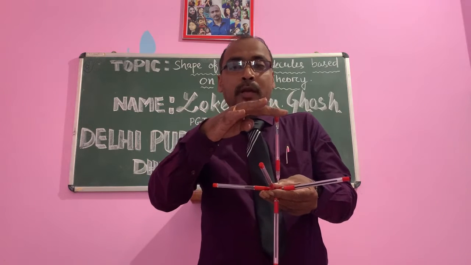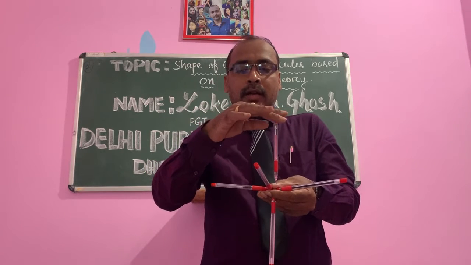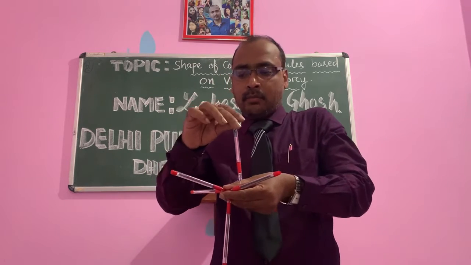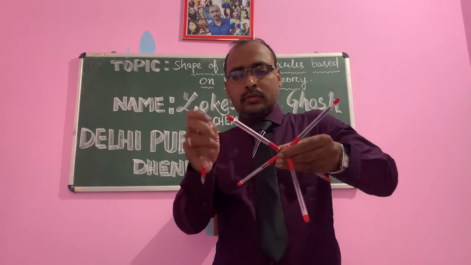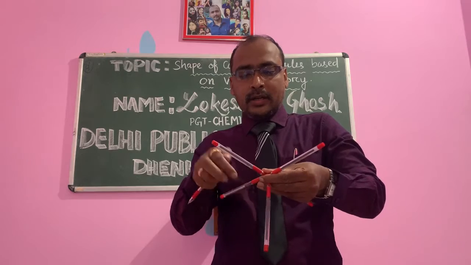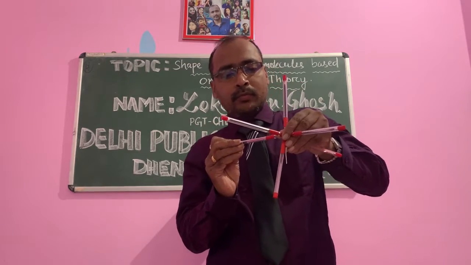This is known as square bipyramidal or octahedral. The bond angles are all 90 degrees. If you rotate the geometry, the same shape will be formed.